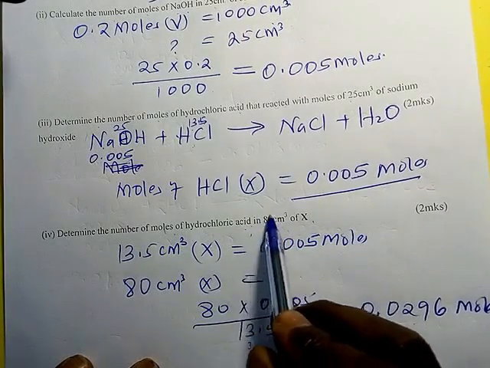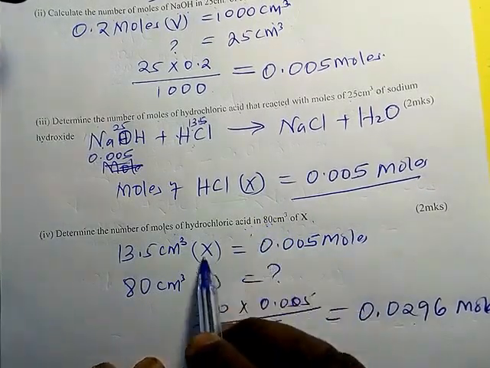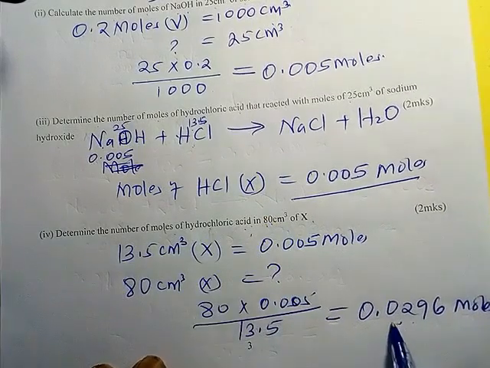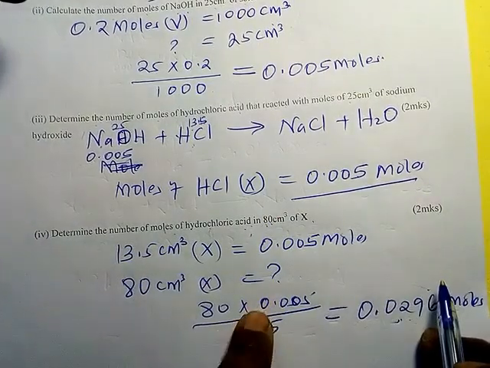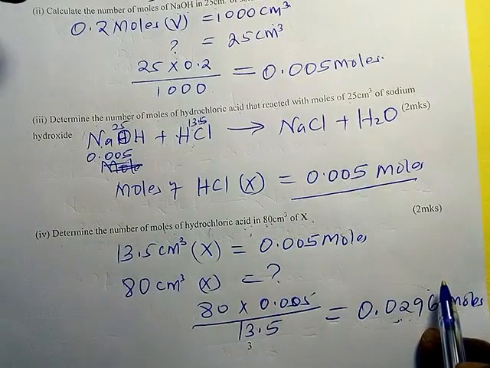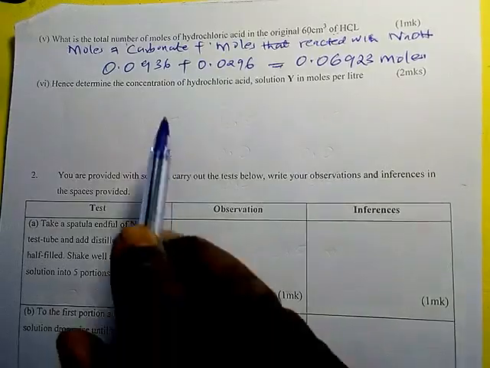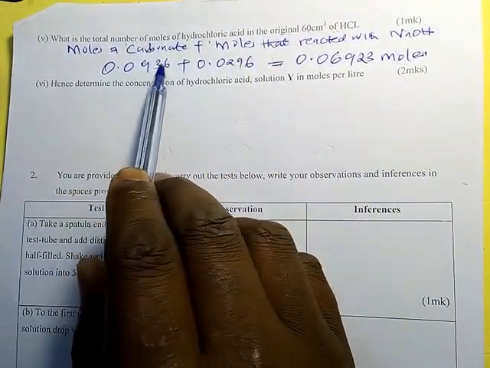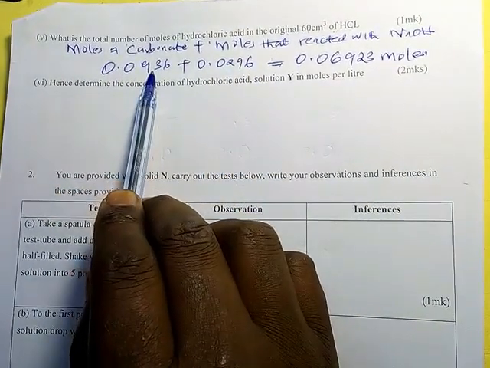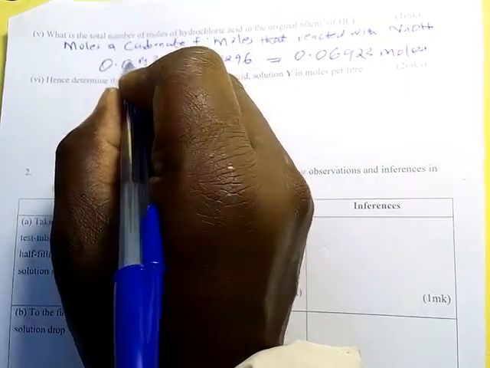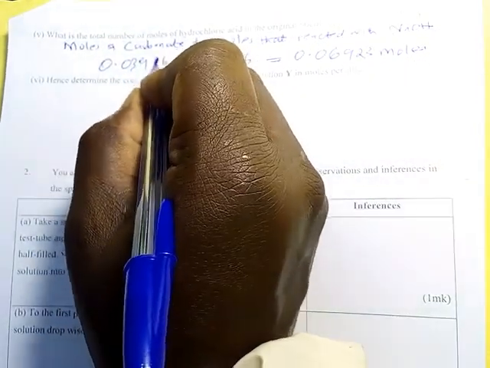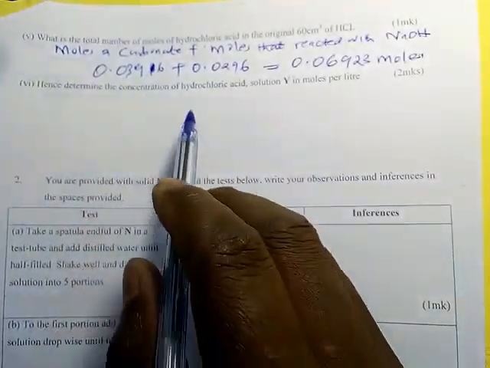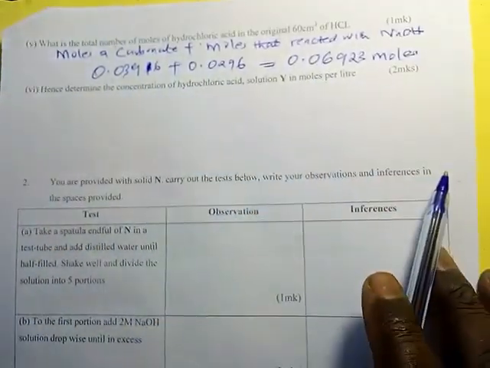So the total volume reached 80. Therefore, the moles of that HCl is this. So for us to get the total, we add this and the moles of HCl that reacted with the carbonate to get the total moles of HCl. That's what we have done here. Adding the moles that first reacted with the carbonate, with this and then this.